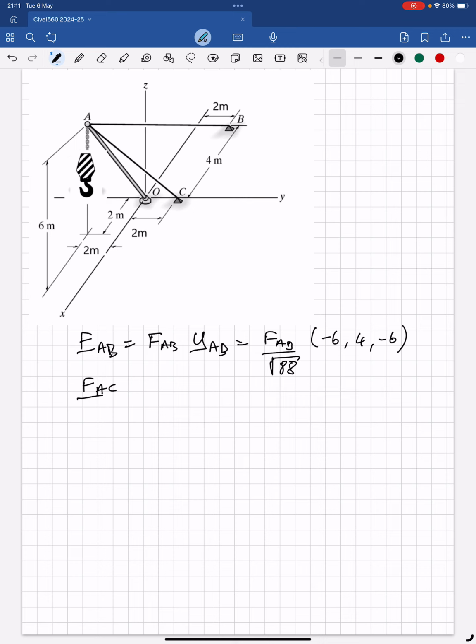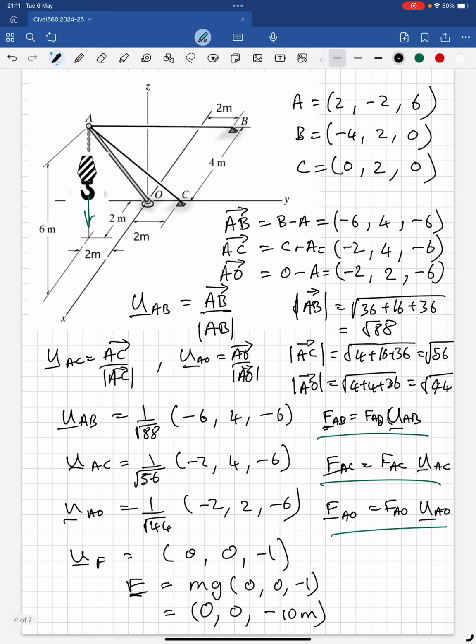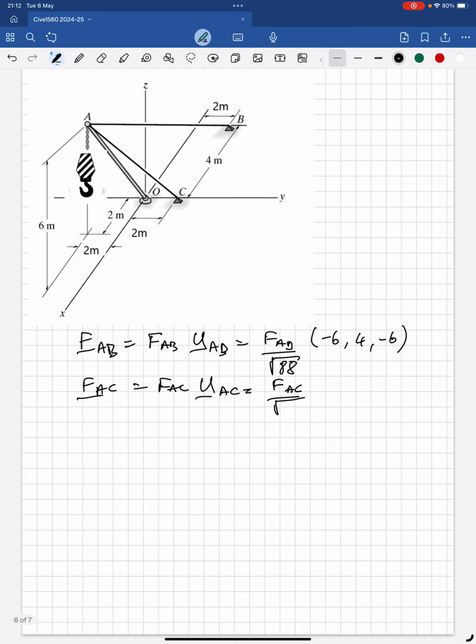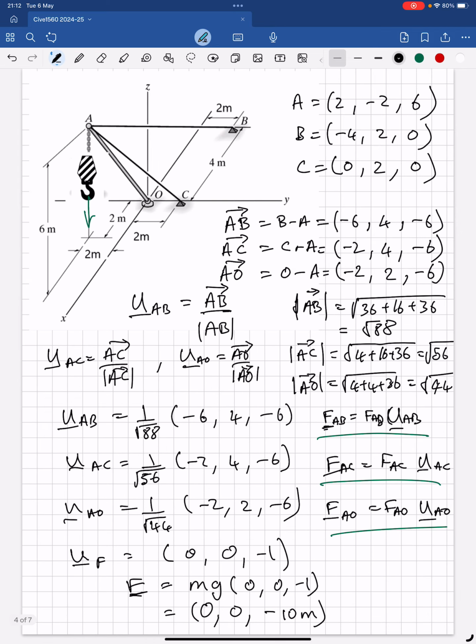FAC as a vector equals FAC as a magnitude times the unit vector UAC, which is FAC over root 56 times minus 2, 4, minus 6. Let's check that: minus 2, 4, minus 6.